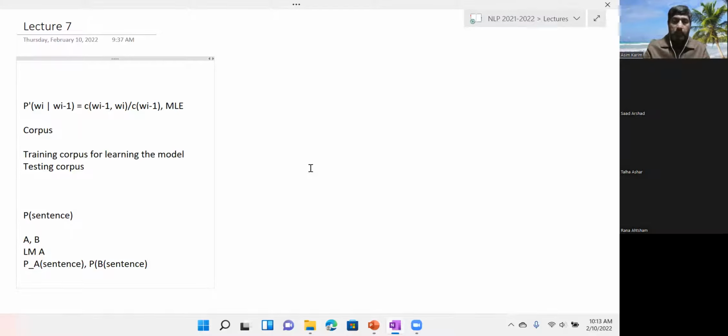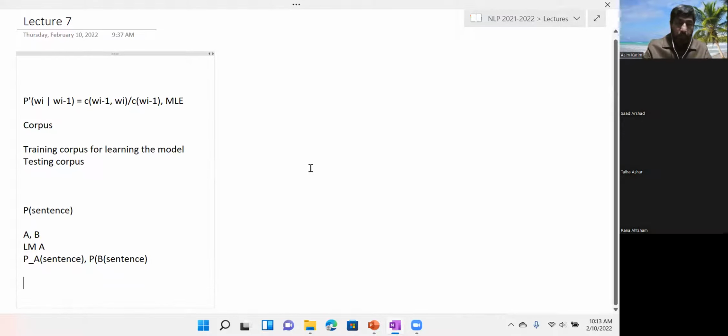Based on these two probabilities, which of course are estimates, we will say that A is better than B if the probability from A of that sentence is higher than that from B, right? And we are assuming, of course, that this sentence is from the same distribution as the training data, and it is representing correct language.